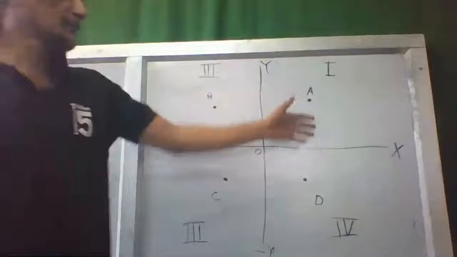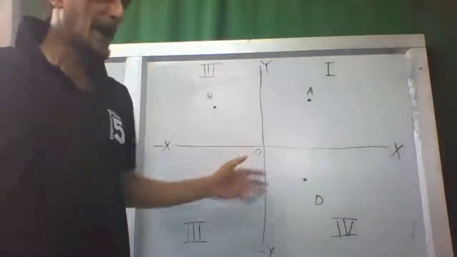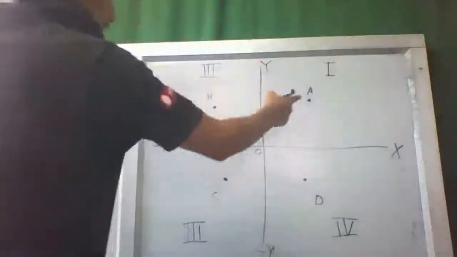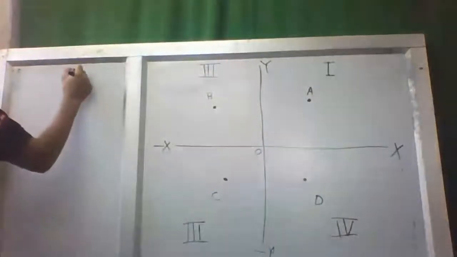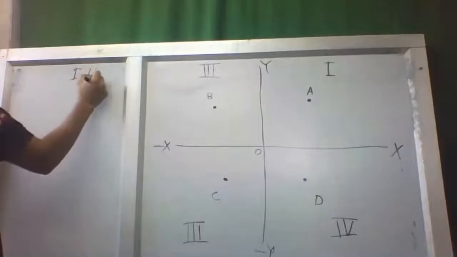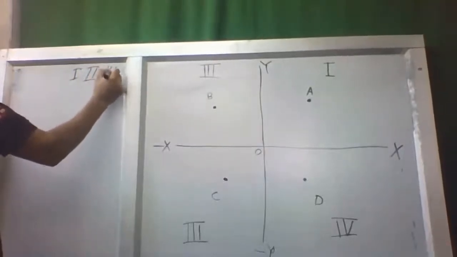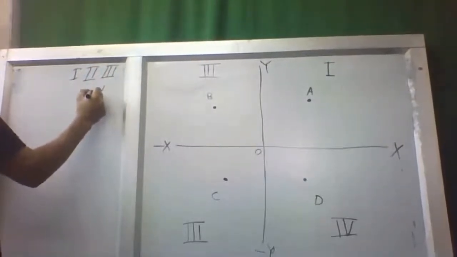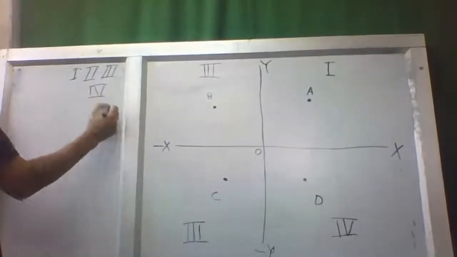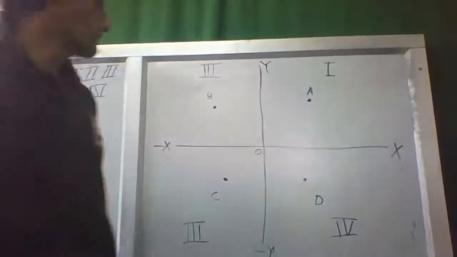These are 4 different reference points in these 4 quadrants: 1, 2, 3, and 4 quadrants. Got it?